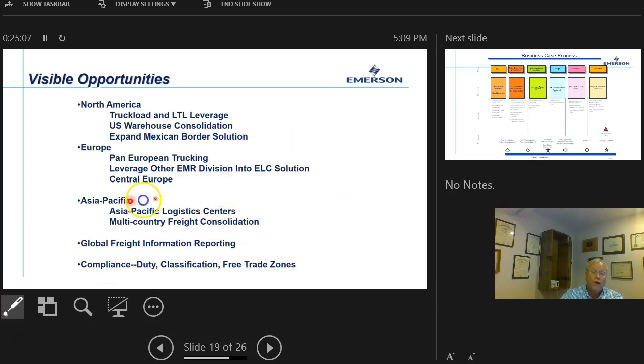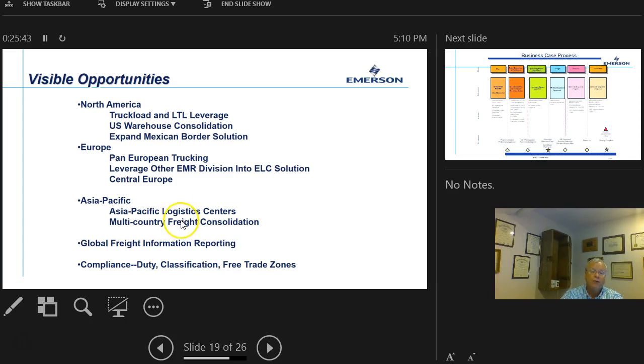So what we should have done was focus on Asia Pacific inbound freight to the US. Now we had a need to do something here with LTL leverage, particularly going into Home Depot. So that would have been the second project, but this should have been the first project, because at that time low cost country sourcing, that's exactly what we called it, was a huge movement within the company.